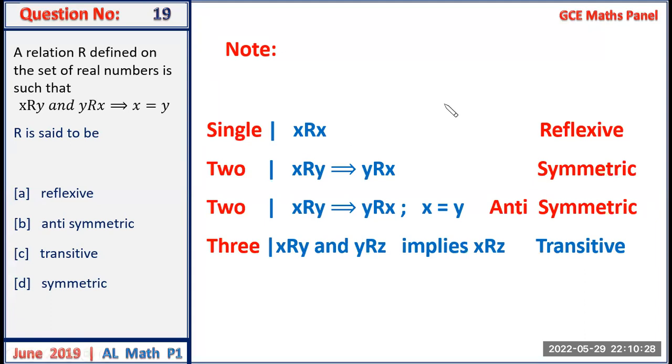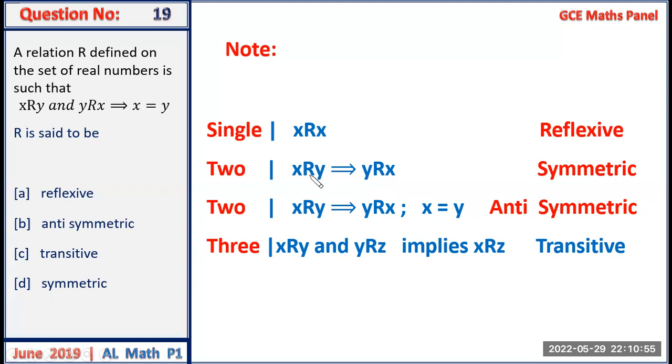So these are the conditions for the different types of relations. If x relates to itself, x relates to x, we say it's reflexive. So for reflexive, we have just a single variable, x relates to itself. Now, when we have two variables, x and y, we have either a condition of symmetric or anti-symmetric.